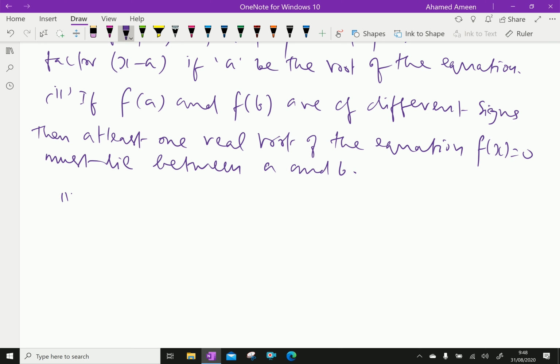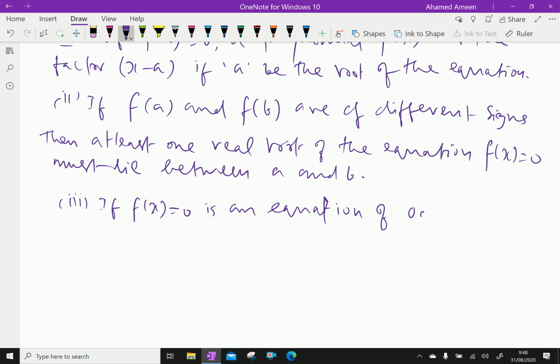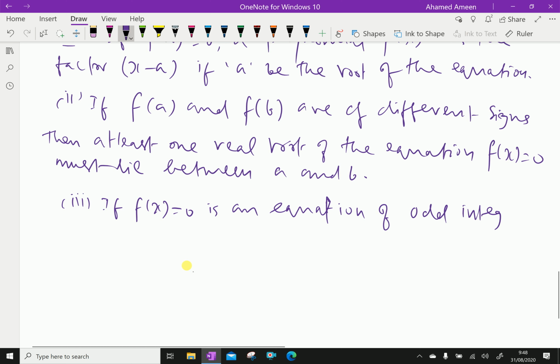Then third note, if f of x equals 0 is an equation of odd degree, it has at least one real root whose sign is opposite to that of the last term.